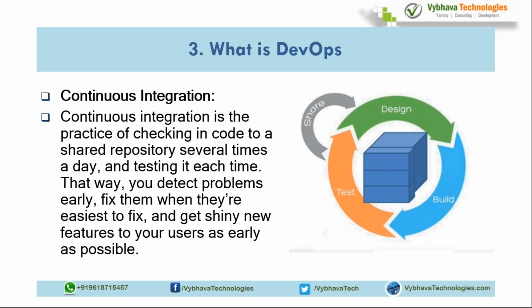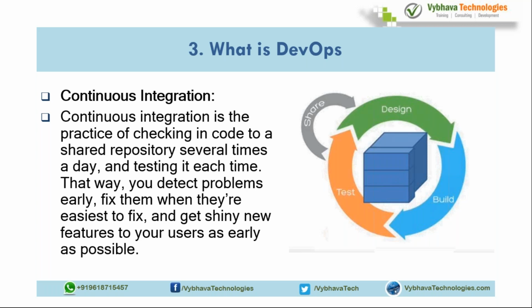The repositories are capable of maintaining historical data, so that people can easily access it, and we can work on it multiple times, several times in a day. We can store, retrieve, push and pull the images. That way you can have access, and you can also detect problems early and fix them as early as possible.